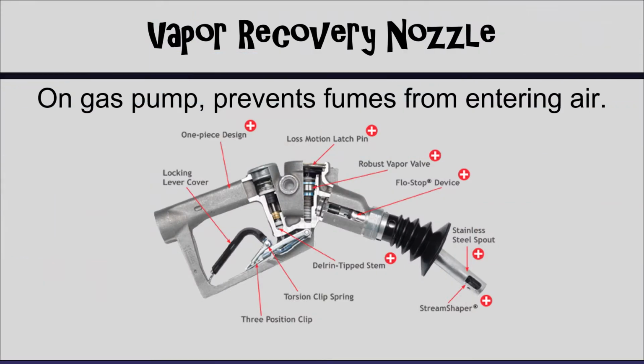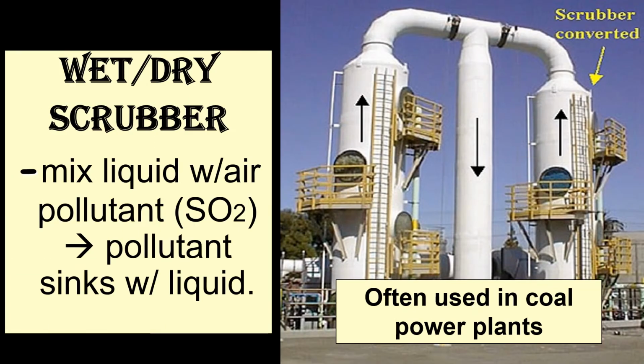Here in California, you're going to see these on every single gas station pump. These are called vapor recovery nozzles, and they are used so that fumes from the gasoline have a more difficult time entering the air. Wet or dry scrubbers are also installed on a lot of smokestacks in our area.